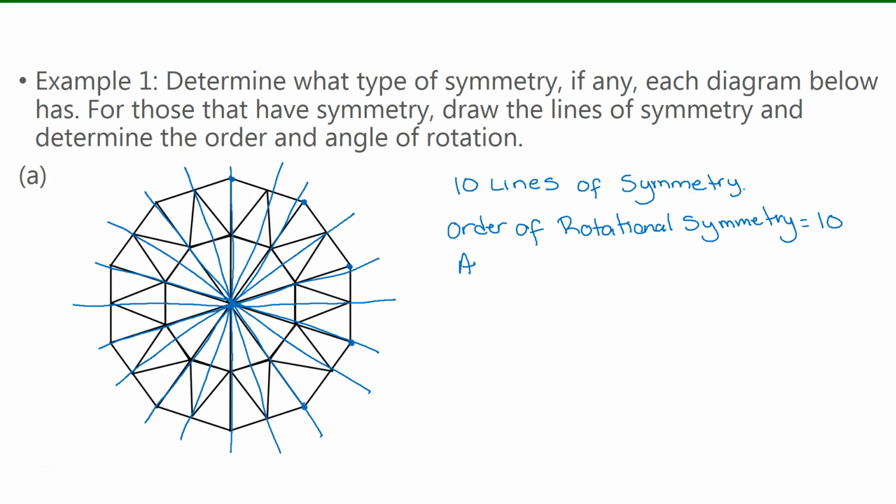Now we also need to find the angle of rotational symmetry. And that is found by dividing 360 degrees by the order. Doing that gives me 36 degrees.